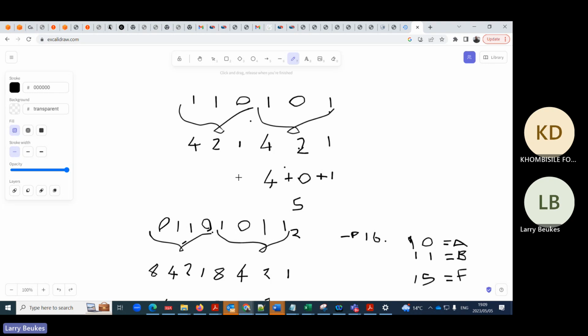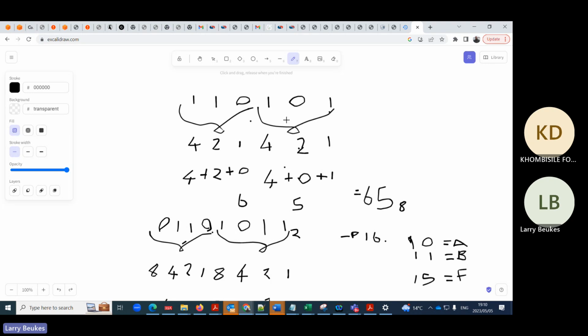This bit is not present, so this will be a 0 plus this one, 2, plus the 4. 4 plus 2 is going to be a 6. So our answer here is going to be 6, 5, base 8. So this is basically this into binary.